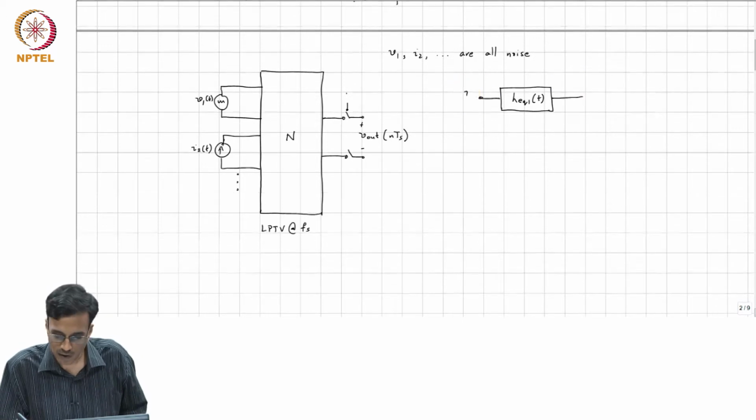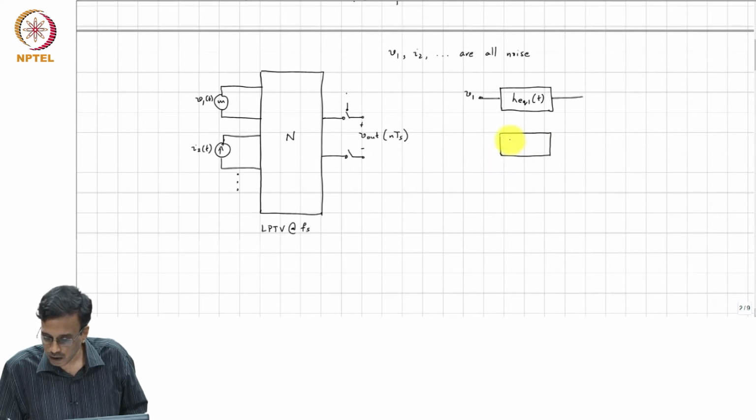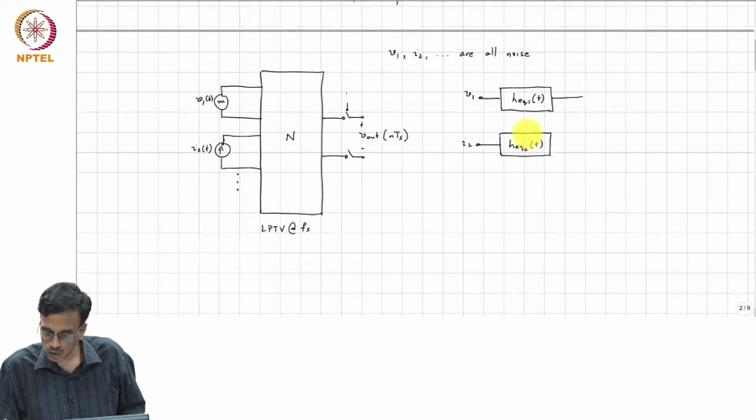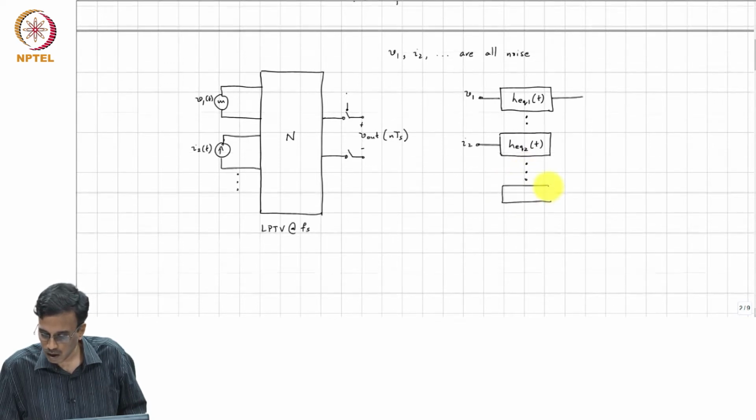And this is V1, you have H equivalent 2 of t for I2, and so on, up to H equivalent L of t.